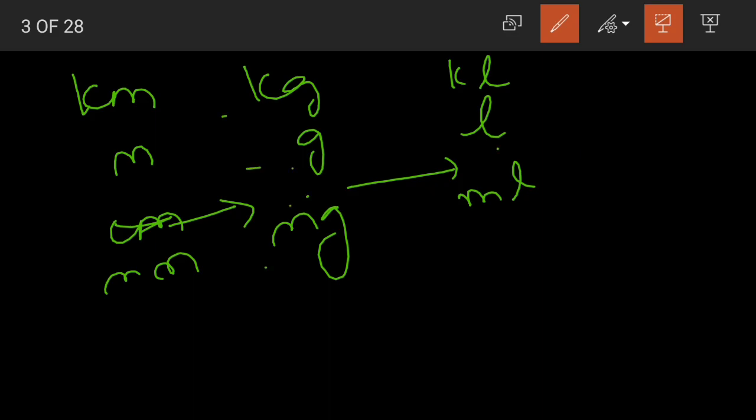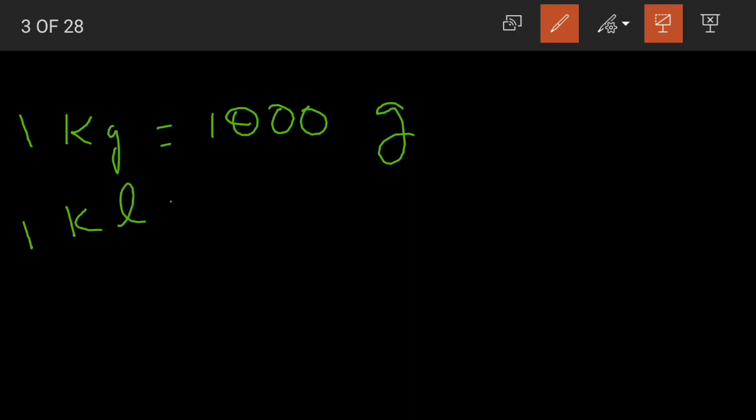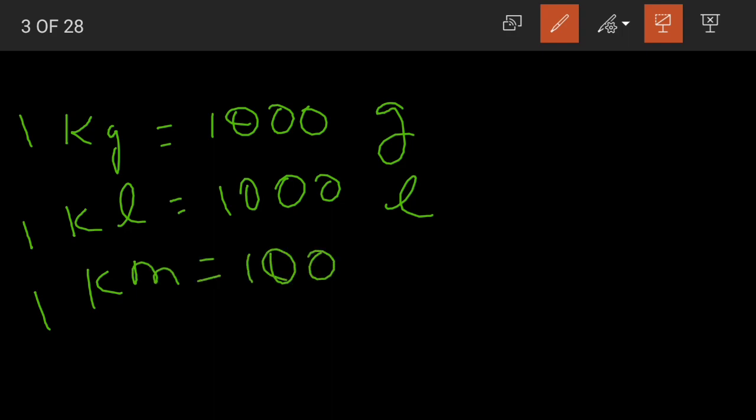We simply have three here: kilograms, grams and milligrams; kiloliters, liters and milliliters. Now again, when it comes to kilogram, what did we learn? 1 kilogram is equal to 1000 grams. In the same way, 1 kiloliter becomes 1000 liters, and 1 kilometer also becomes 1000 meters, right?